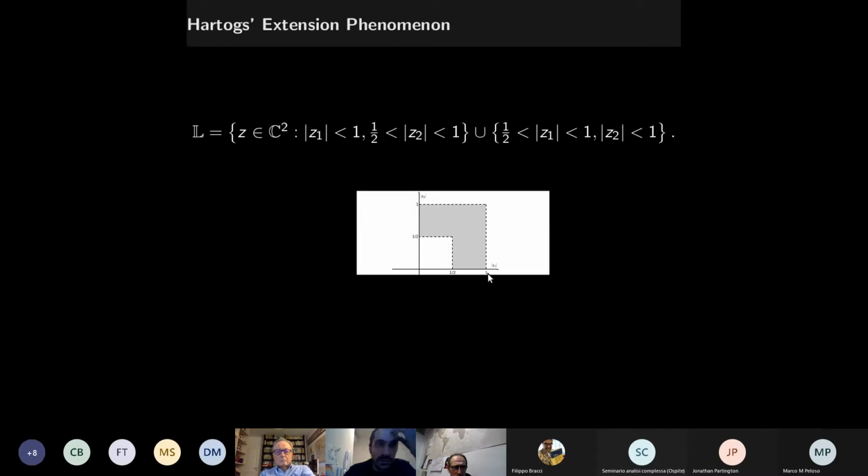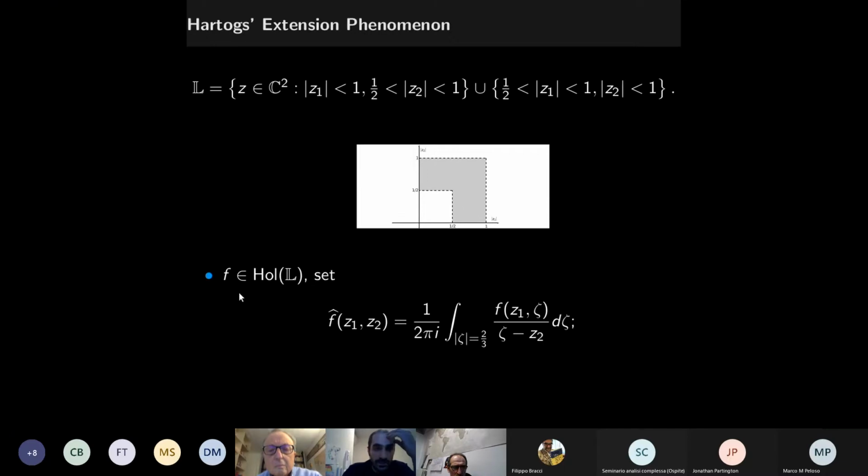Now, if you consider any holomorphic function F on this domain, then we can define another function F hat of (z1, z2) as follows. Here we consider just the Cauchy integral of the function in the second variable. Here we have F of z1 and the Greek zeta, and here we have the Cauchy kernel, 1 over zeta minus z2, and we are integrating on the circle of radius 2/3. But when we are here, z1 belongs to the unit disk.